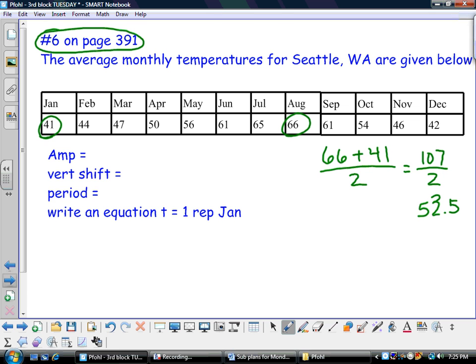No, the middle is 53.5. So actually that's part B, what's the vertical shift? The vertical shift, or the midline, is at 53.5. The amplitude is the distance from that middle up to the top, or from the middle down to the bottom. So the amplitude is actually going to be 12.5.